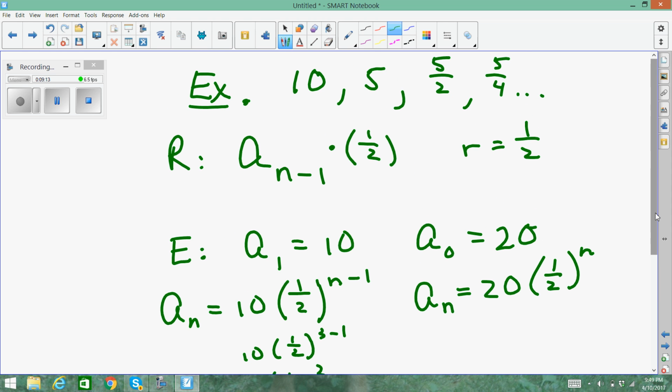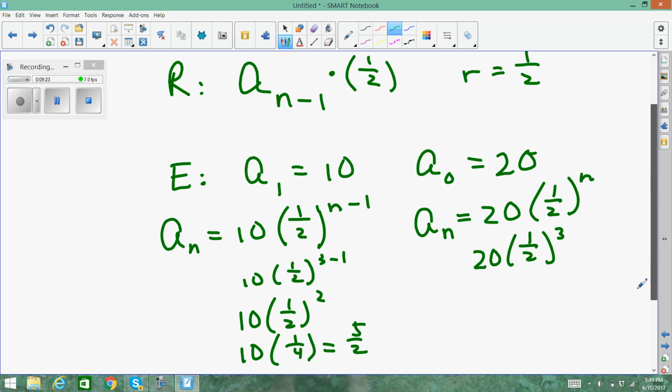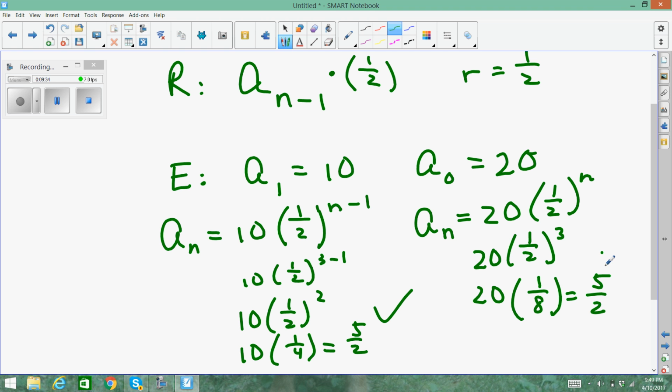We did do it. Okay, let's try the other one just to make sure. So we'll plug in 3 here, so we get 20 times 1/2 cubed, and that's 20 times 1/8, which is 20/8, which is 10/4, which is 5/2. Yay, we did it. This is great.